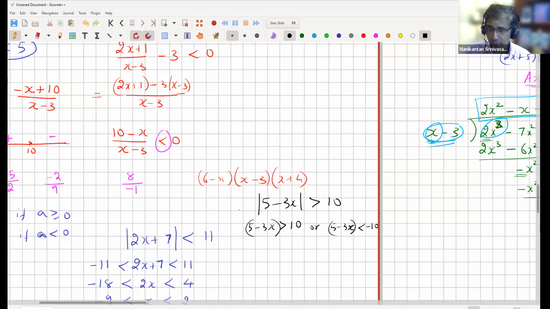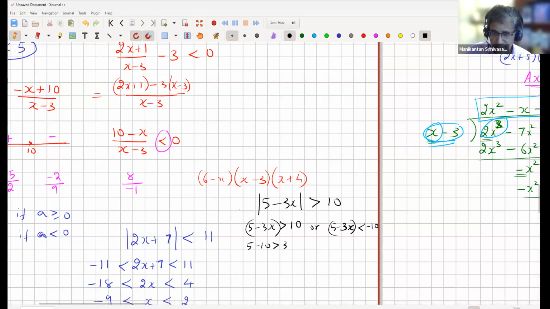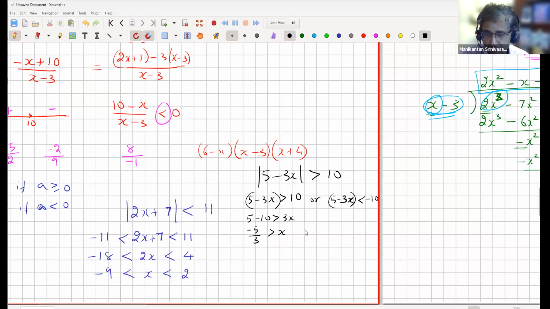That's when in magnitude it'll be more than 10. And therefore, this has to be solved separately. Which means 5 minus 10 is greater than 3x, so x is less than minus 5 by 3. I'm not changing sign here because 3 is just a positive number. By the way, if I write this way, it's not like I'm changing sign.